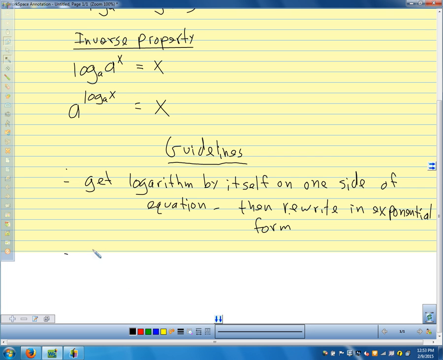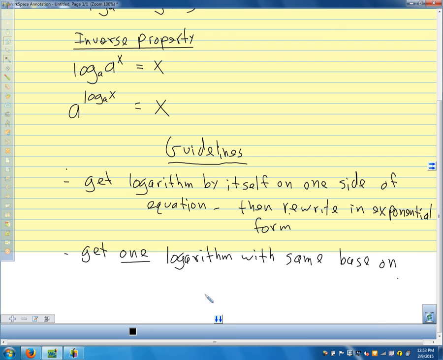The other way that we can solve a logarithmic equation is to get one logarithm of the same base on each side of the equation, and then use the one-to-one property.